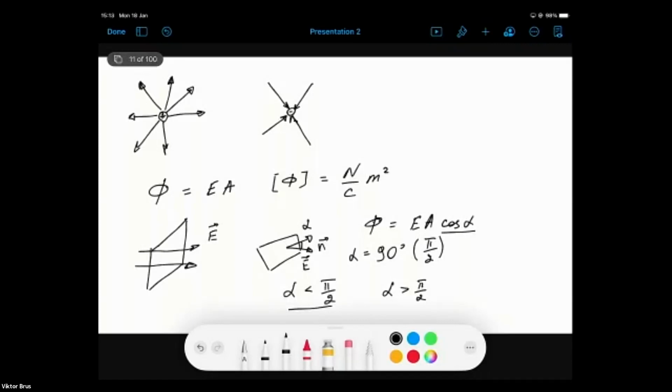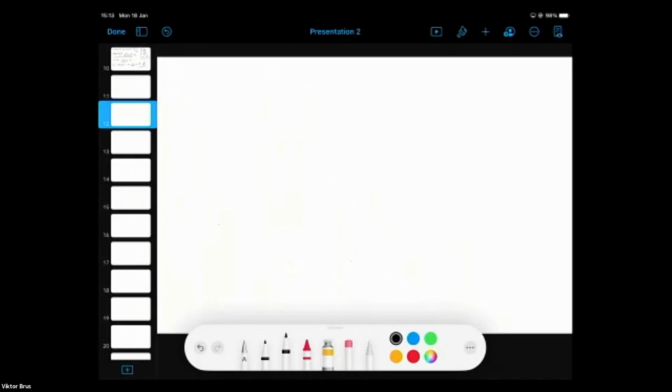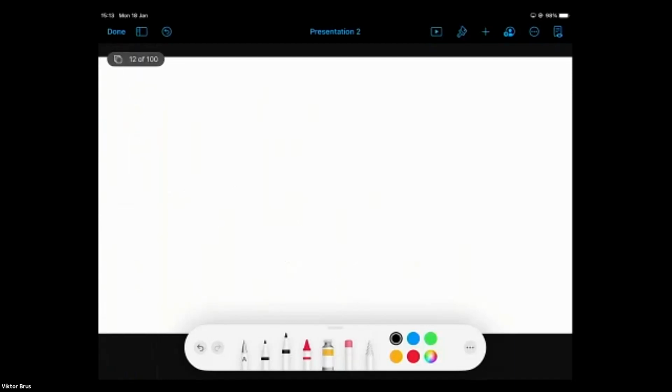However, so far we considered that the electric field is uniform, but it's not the case in general, and that's why we need to take into account the option when the electric field is not uniform across the area where we want to determine the flux.